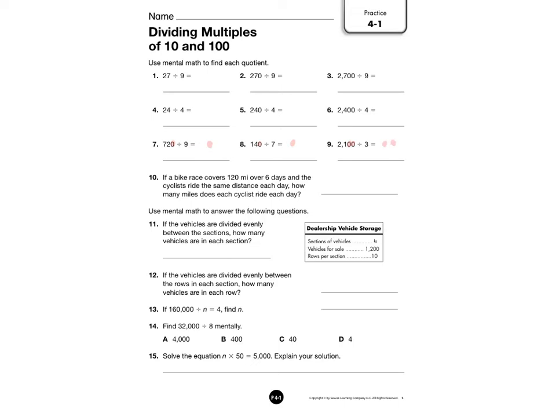And I guess what they're doing here, I didn't realize this at first, they're leaving you on your own to figure out what basic division fact you're going to use to solve those. If you need a times table handy to figure that out, you might want to use that, like I did here.